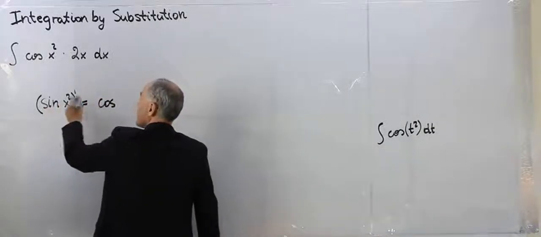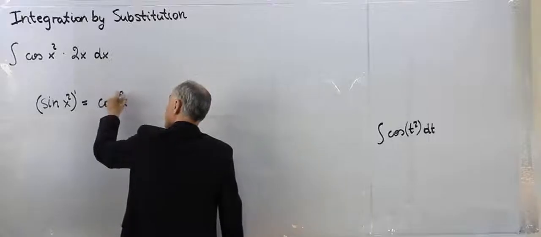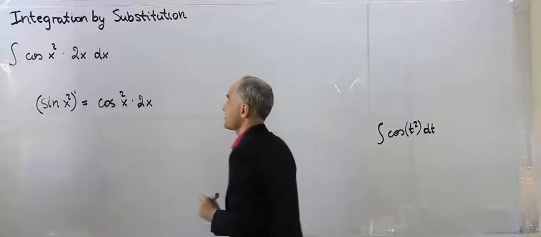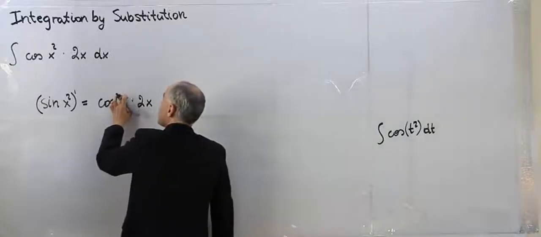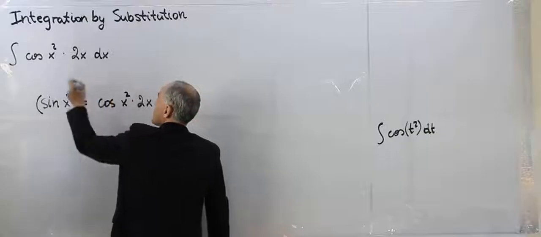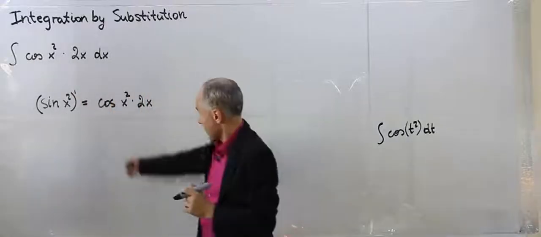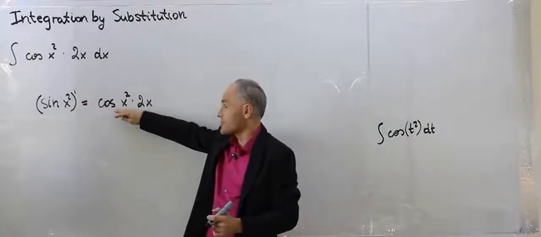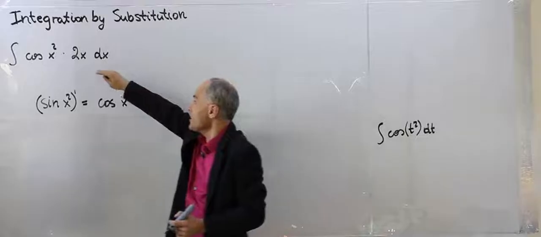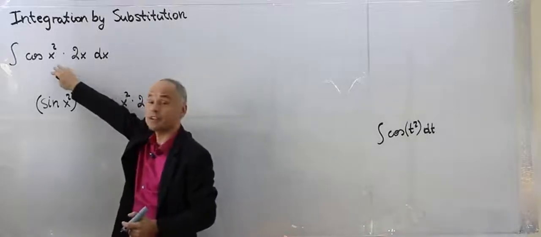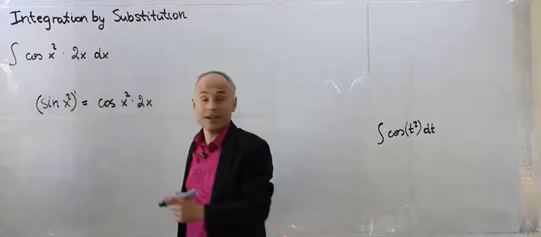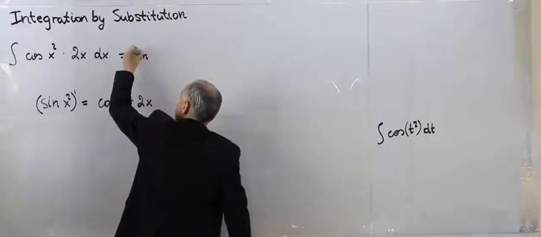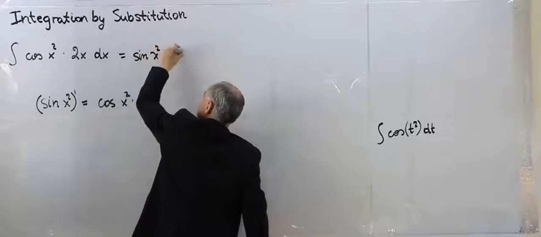So the derivative of sine x squared will be cosine x squared times the derivative of the inner function, times 2x. And that's exactly the integrand that I have here. So because I know that the derivative of sine x squared is cosine x squared times 2x, then I can state that the general antiderivative of cosine x squared times 2x is equal to sine x squared plus c.